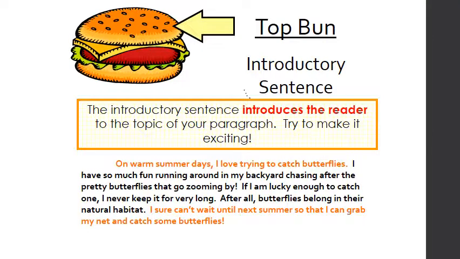We start with the top bun, which is the introductory sentence. The introductory sentence introduces the reader to the topic of your paragraph. We are telling the reader about the topic, the main idea of the paragraph. Try to make it exciting.